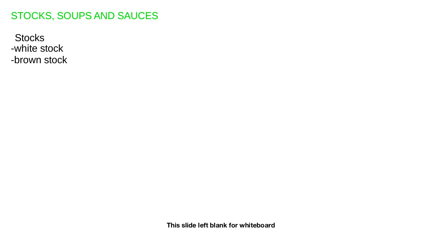There is a whole procedure on how to make the white stock. Make sure that you go through it, and also the procedure of making a brown stock. Note that whenever you are making a white stock, it has to simmer for 6 to 8 hours.